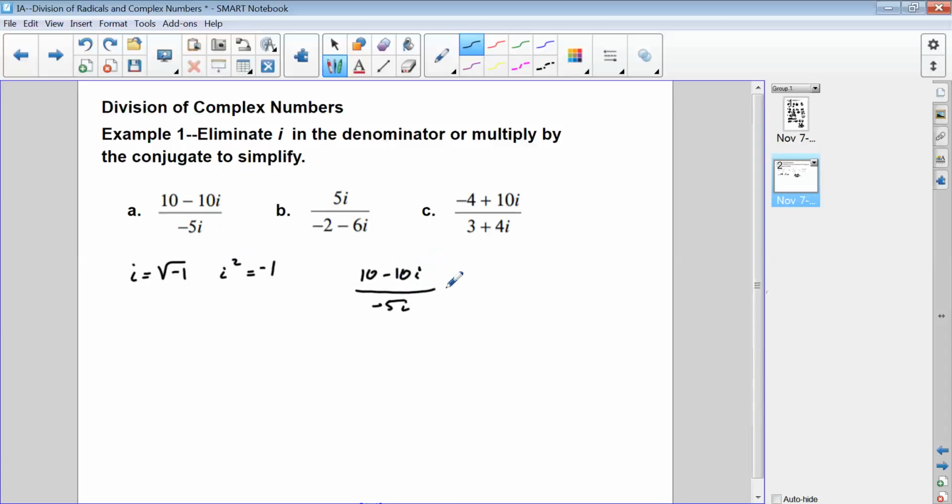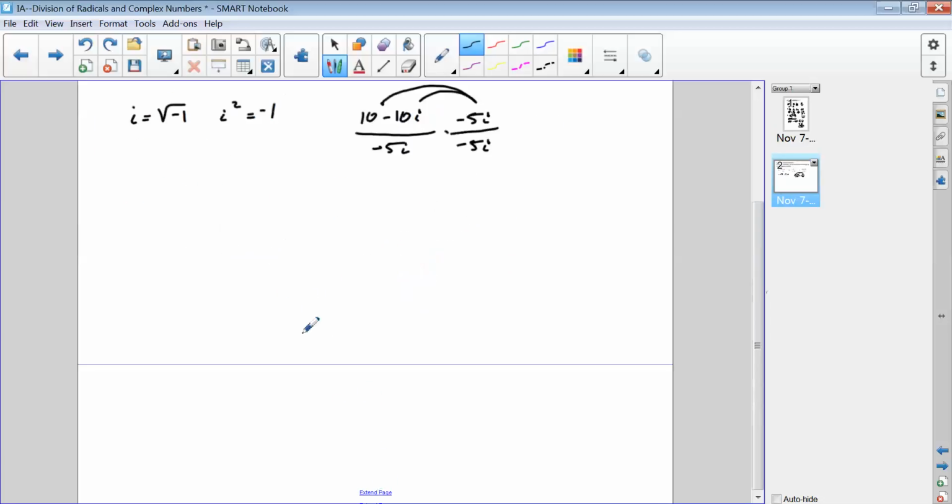So to eliminate this i in the denominator, I'm going to multiply by negative 5i, and I'm just going to multiply by both of the terms, and that's going to give me negative 50i, and this will give me positive 50i squared, all divided by, now what's negative 5i times negative 5i is going to be a positive 25i squared.